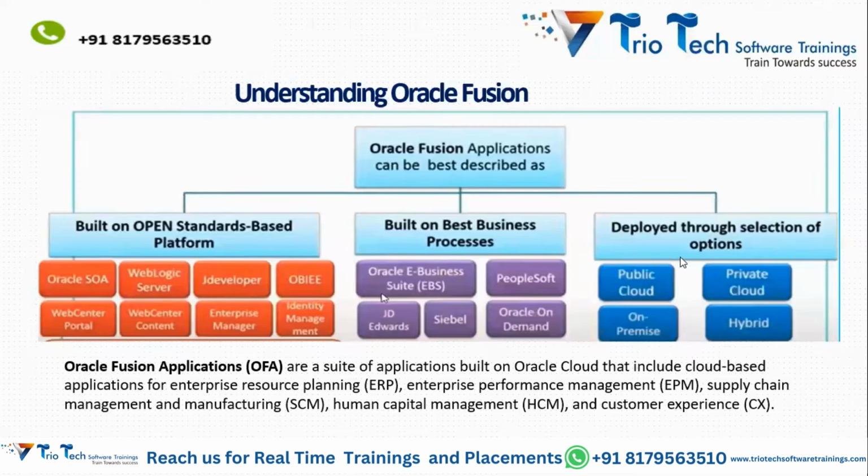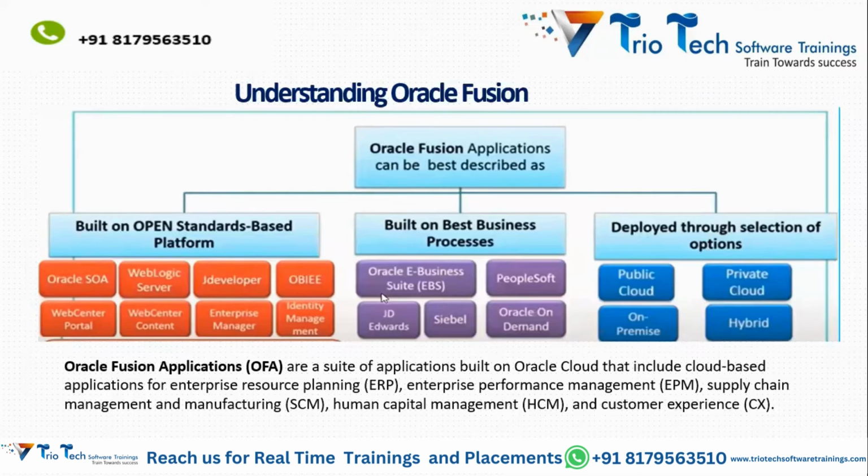Then this is something that is deployed through a selection of options. Each of the applications that you have today has to be deployed somehow. One of the latest technologies that we hear about everywhere is cloud technology.